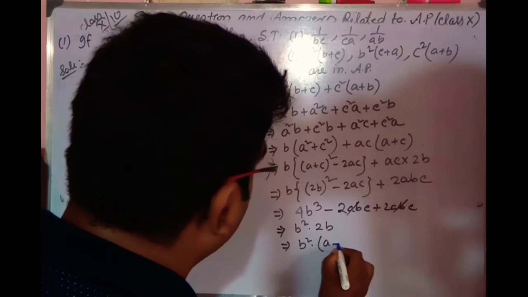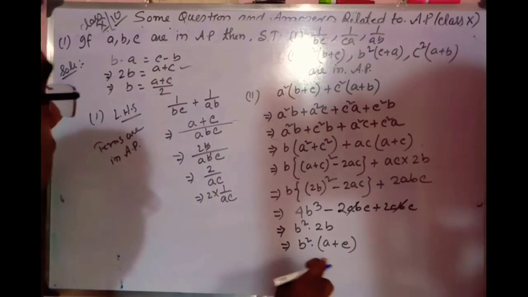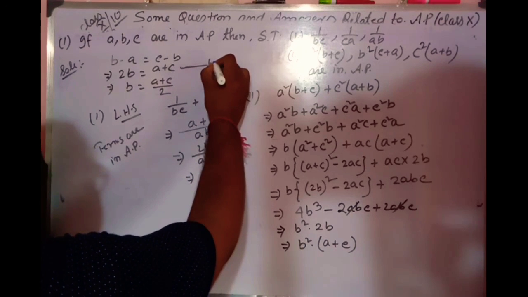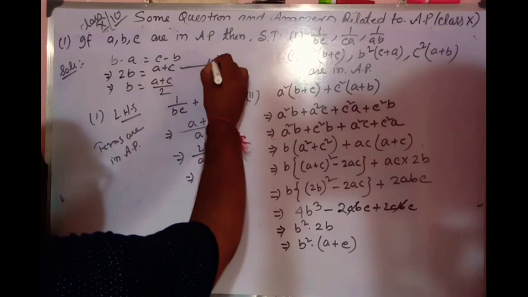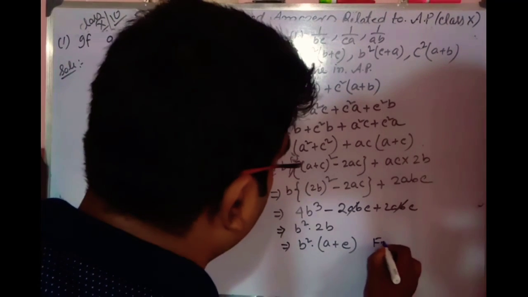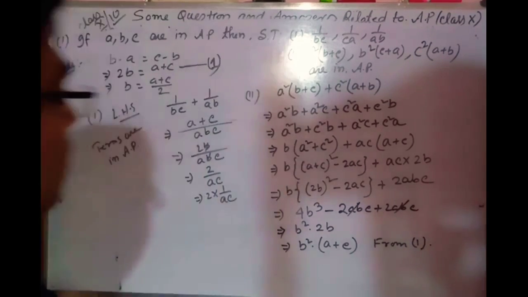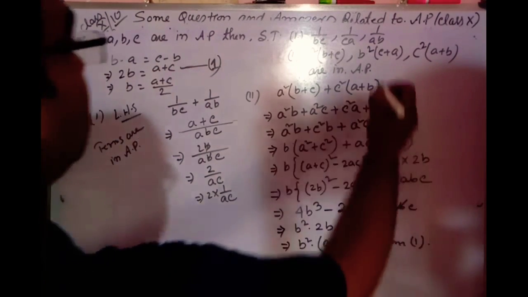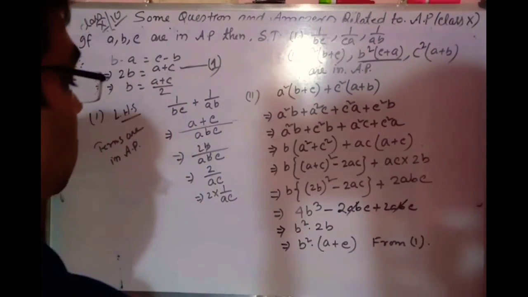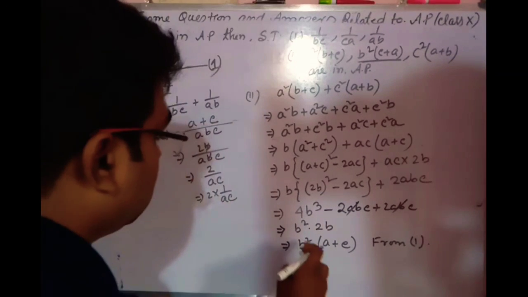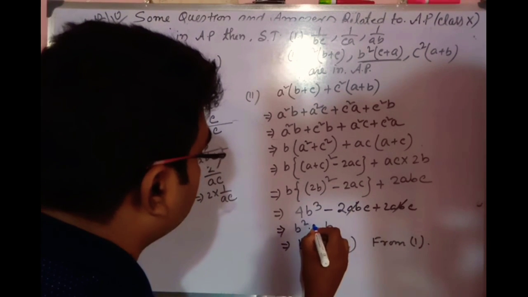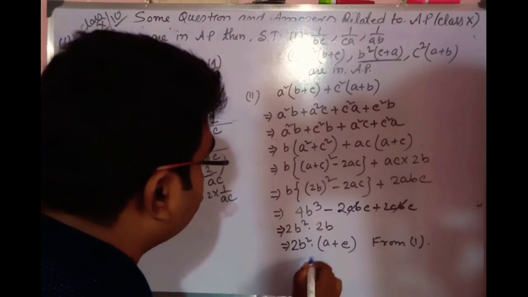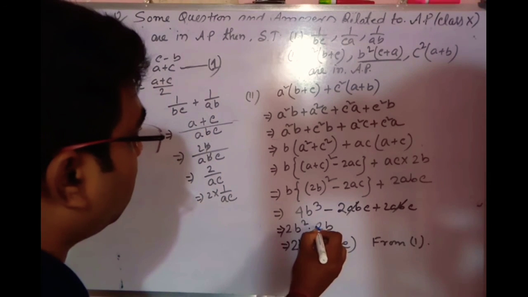The value of 2B is A plus C. If we take this as equation number 1, then from equation 1, that is equal to B square into A plus C. So that is the middle term, and 4B cube is 2B, that is 2 into B square, that is 2B square into A plus C. Hope you are able to see we are breaking this 4 into these two terms.